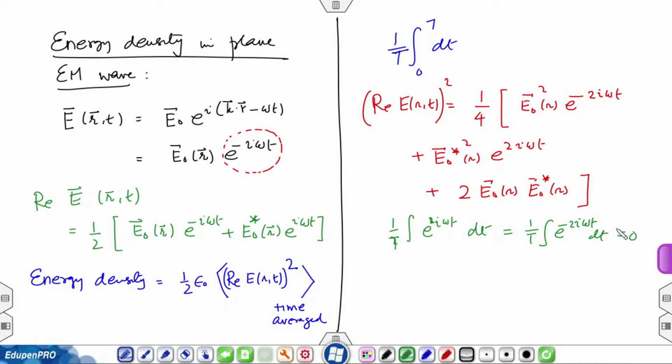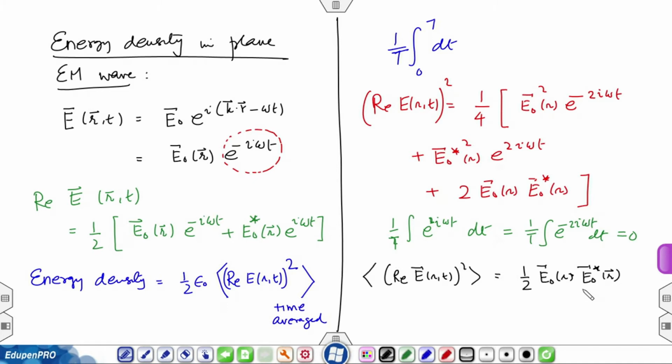And therefore, when I take the time average of this quantity, real E(r,t) square comes out to be 1/2 E_0(r) E_0*(r).